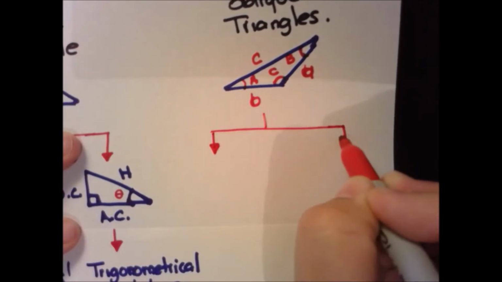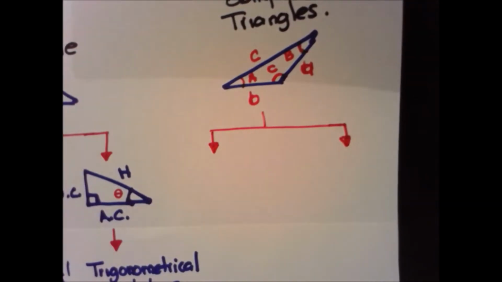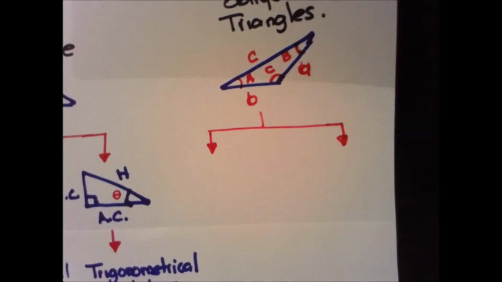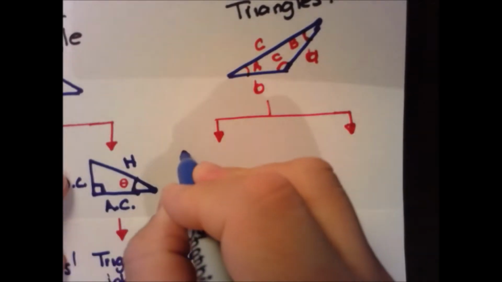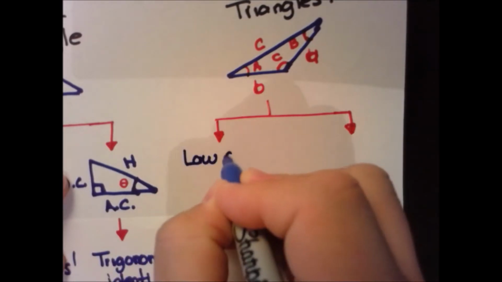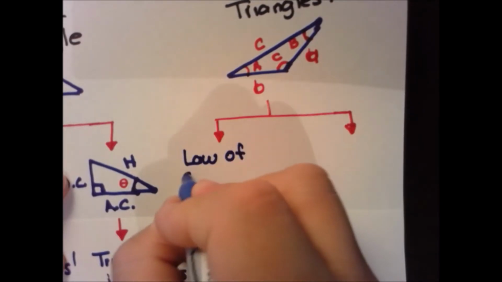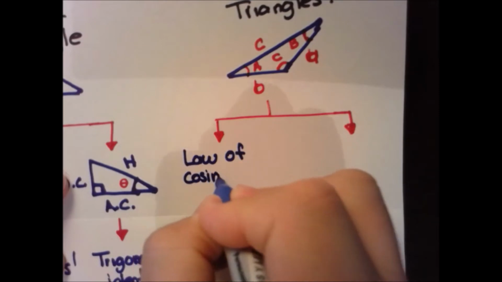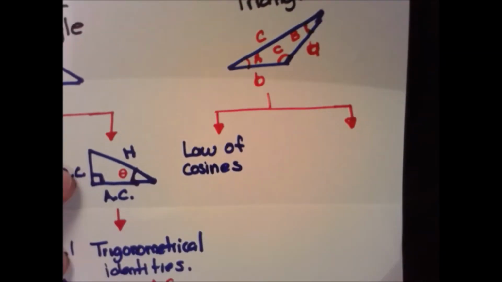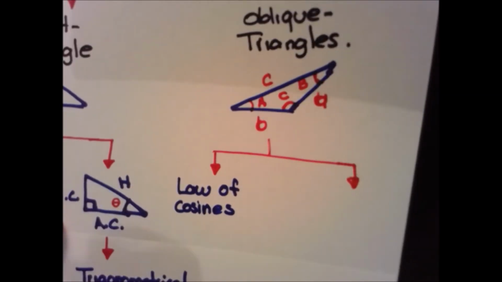Well, in that case, according to the information that we have, we are going to have two options to work with. The first option is going to be the law of cosines, okay? And the law of cosines is going to be the next formula.